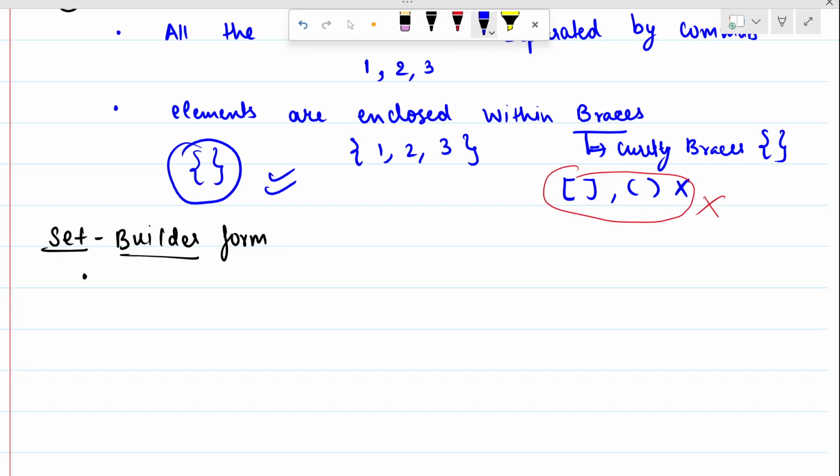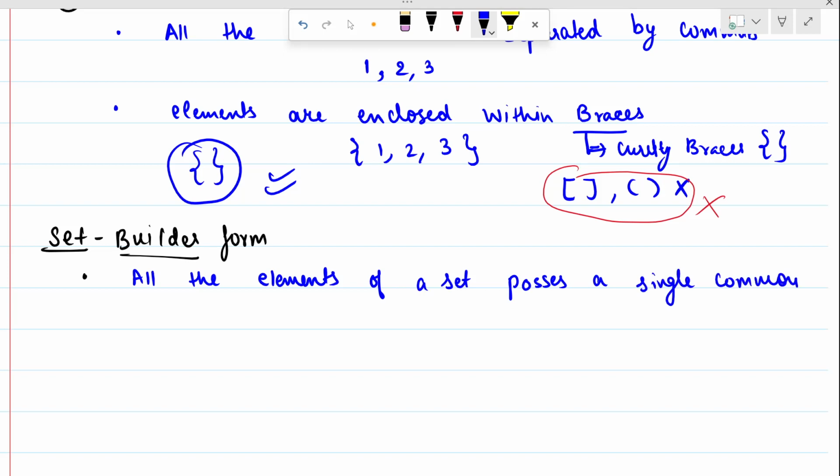In this, all the elements of a set possess a single common property, which is not possessed by any element outside the set.